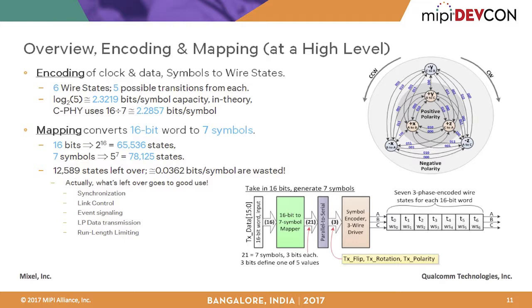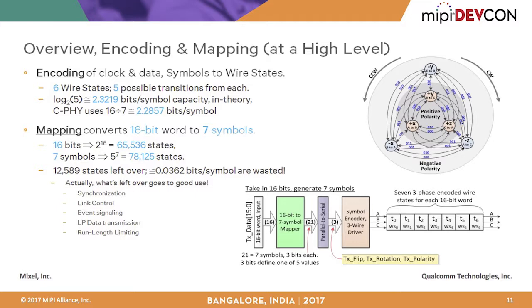Otherwise, the thing wouldn't work, right? So basically, 5 to the power of the number of symbols has to be larger than 2 to the 16. So 5 to the 6 would give you less, 5 to the 7 gives you more, and that's how you end up using 7 symbols. So that allows for some extra unused symbols, and those are the ones that we were talking about earlier, that we said are actually not wasted.